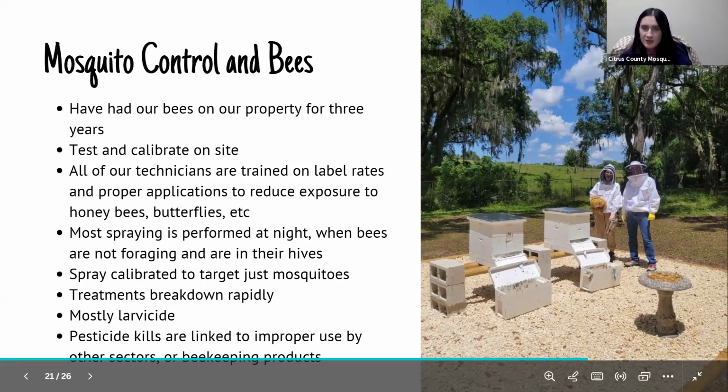Most of the pesticide kills that you hear about with bees are linked to improper use by other sectors, other pesticide applicators, or even beekeeping products themselves. I've done it myself. I used a product in the beehives before where I missed a part on the label that said to take the entrance reducers off, and it ended up killing a bunch of bees in all of our hives.